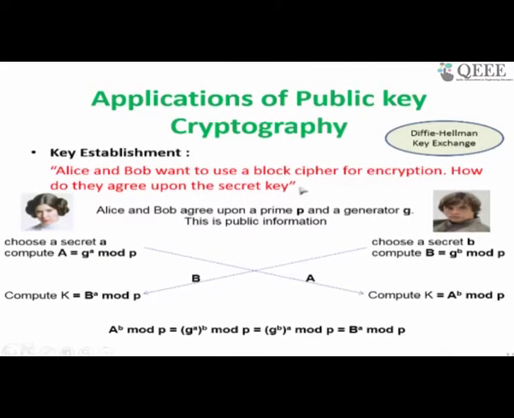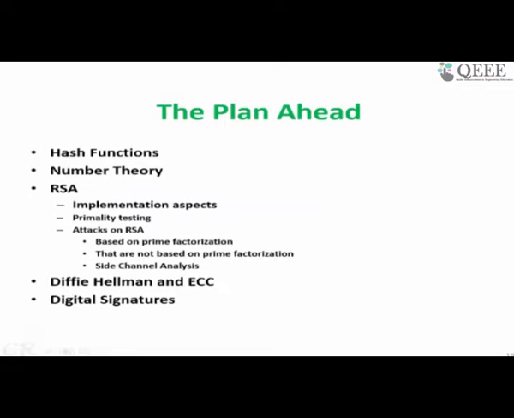So for this particular course, what we are going to do is look at these various schemes and the mathematical backgrounds required to understand them. The plan is that we will look at number theory today. Essentially, we will build the mathematics required to understand especially the RSA cryptographic algorithm and the various attacks on the RSA algorithm.